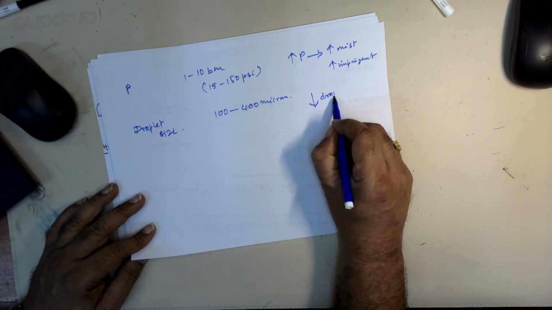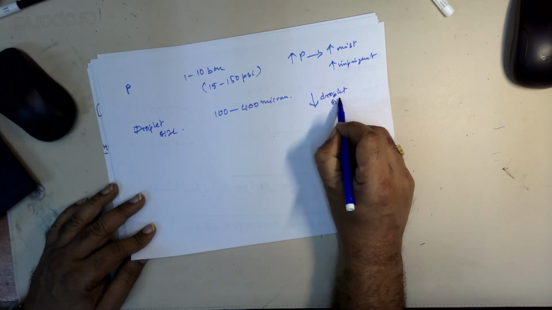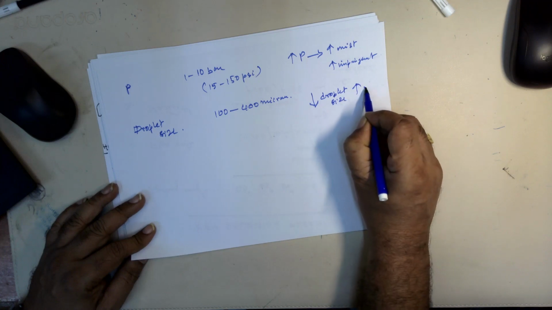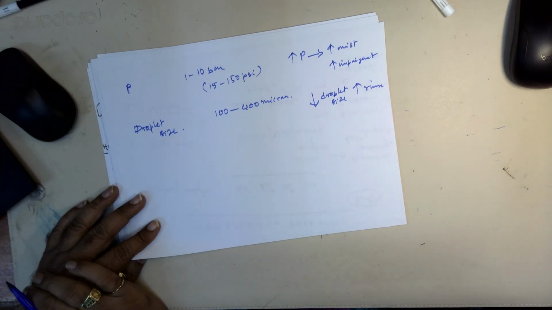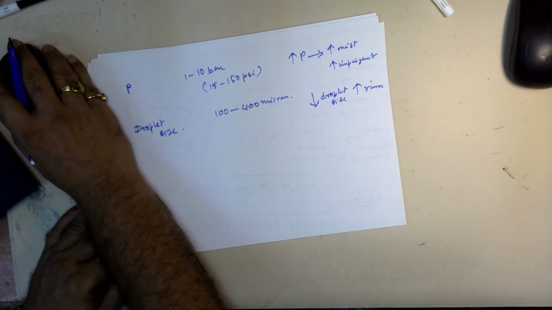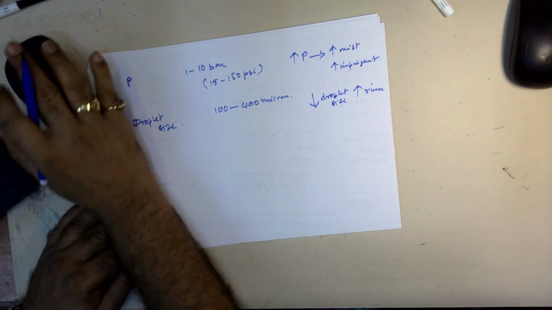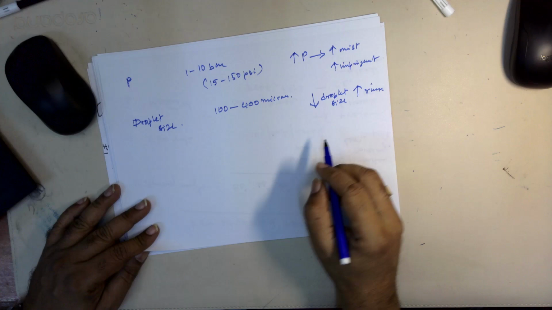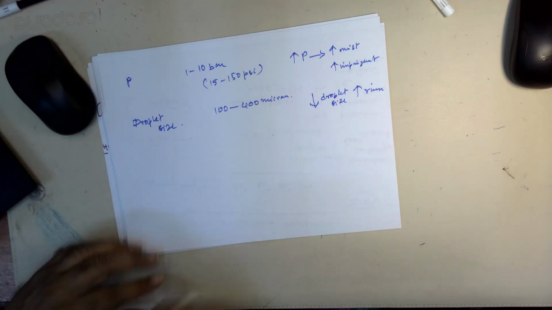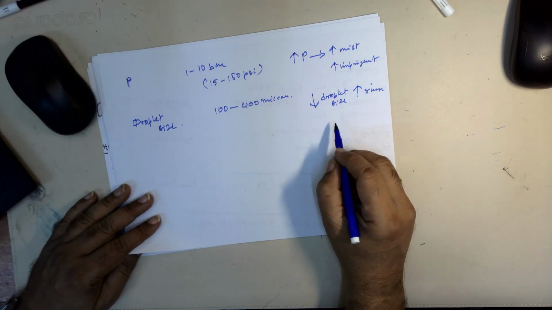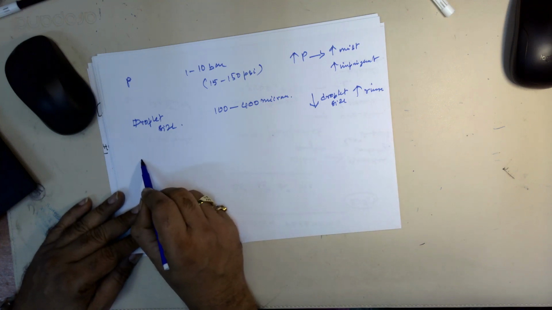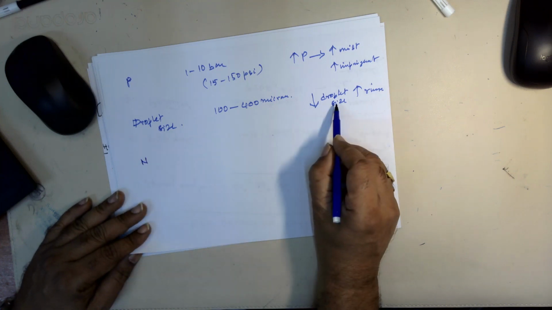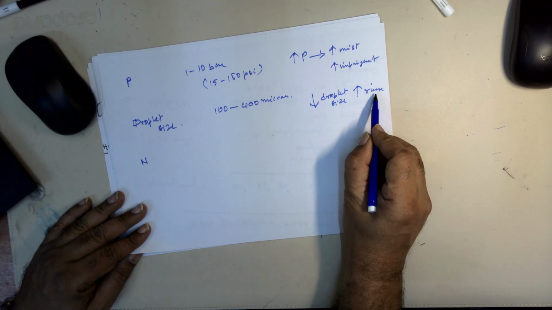Droplet size, rinsing will be better. And larger droplets, cleaning better.